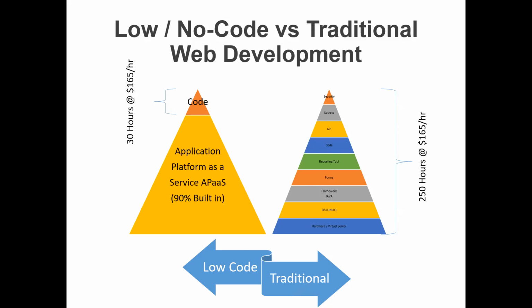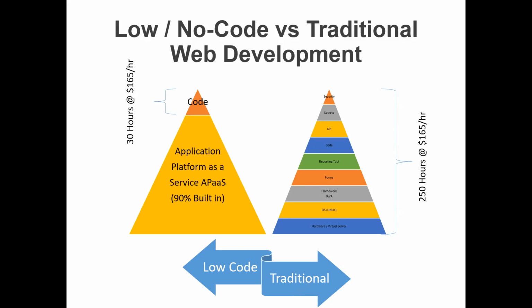Now, if you shift over and look at the pyramid on the left, what you'll see here is the new paradigm of low-code, no-code development. And what this represents is what I call a 90% built-in. 90% of what you see on the right side in full-stack development is built in and almost invisible within a low-code, no-code web development platform or an application platform as a service like QuickBase.